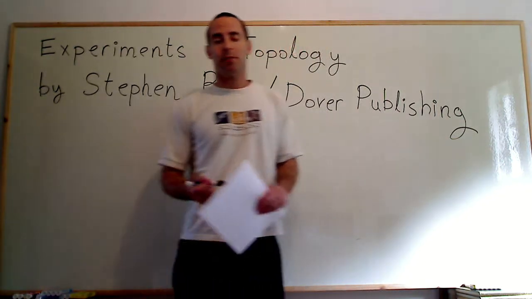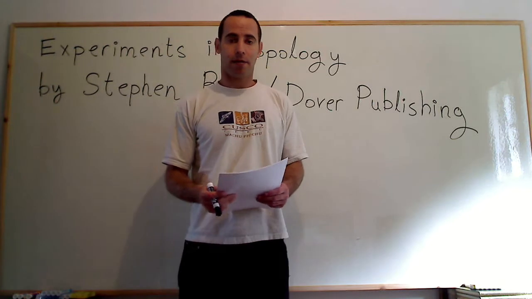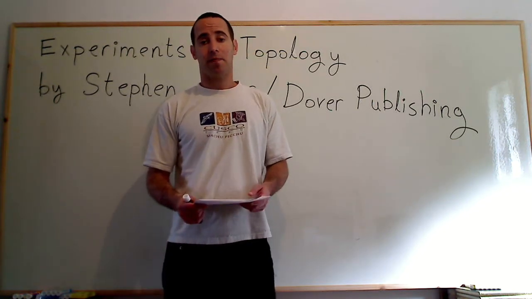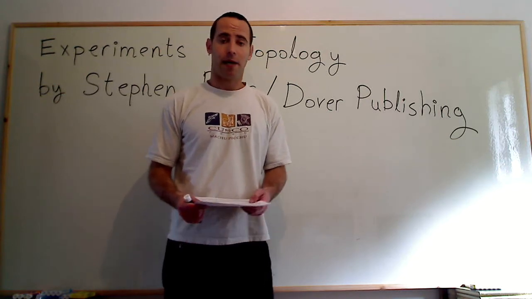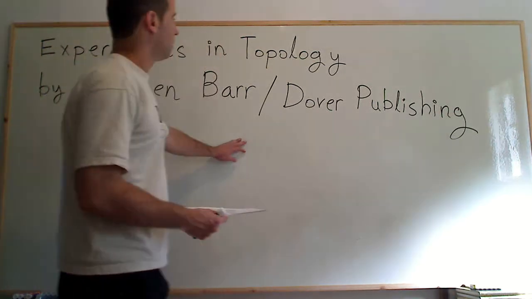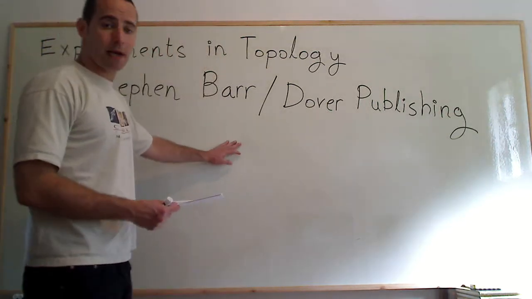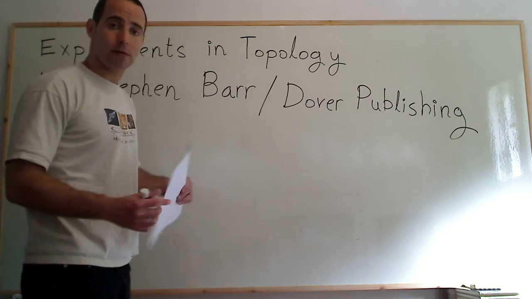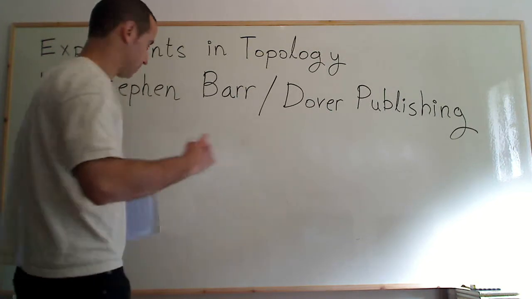I bought it in Amazon Kindle format. You can buy it in paperback or loan it from a library and so on. What we will start with is Chapter 1. Chapter 1 is called What is Topology?